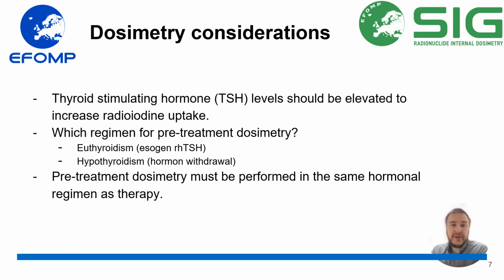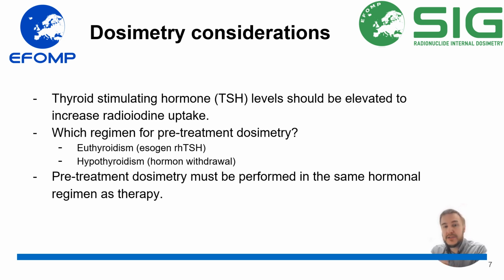So some of the considerations we have to make when we are talking about thyroid cancer is that when we treat those patients, normally we're trying to stimulate their TSH levels, their thyroid stimulating hormone levels, to increase radioiodine uptake. We can use two different regimens for that.